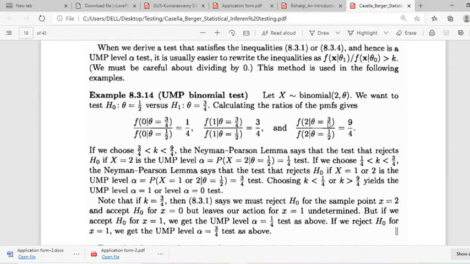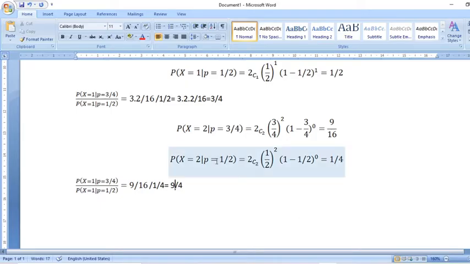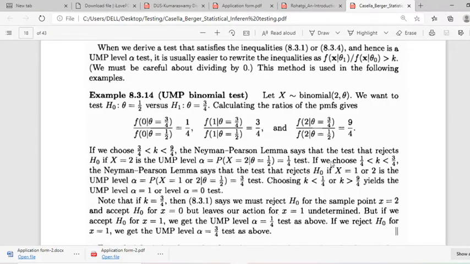Alpha is the probability of x equal to 2 given theta equal to 1 by 2. I think we have computed that. It is 1 by 4.